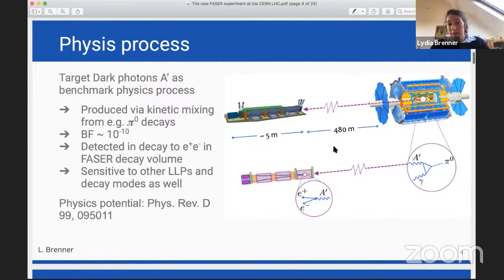It's about 500 meters away from there, so it has a lot of time before it gets there. And in this way, we're hoping to find this A' decaying to an e+e- pair. I also put here a reference to the Physical Review paper, where the physics potential is discussed in more detail.